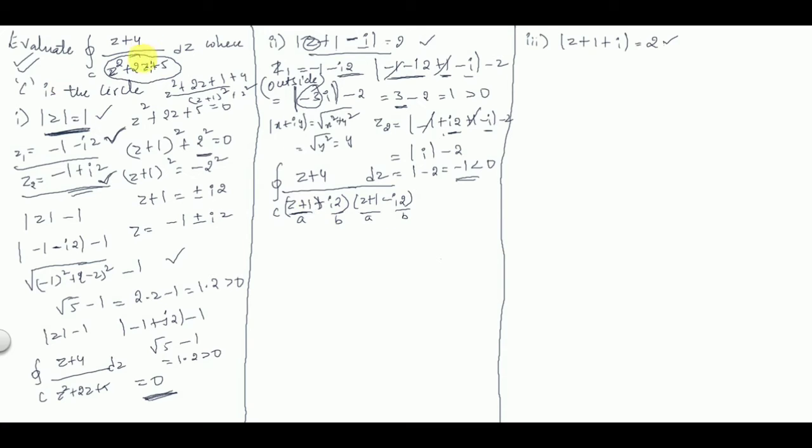We can convert this z² + 2z + 5 into this form, (z + 1 + 2i)(z + 1 - 2i). So it will be (z+1)² + 4, where (z+1)² is z² + 2z + 1, plus 4, which is again z² + 2z + 5 only.